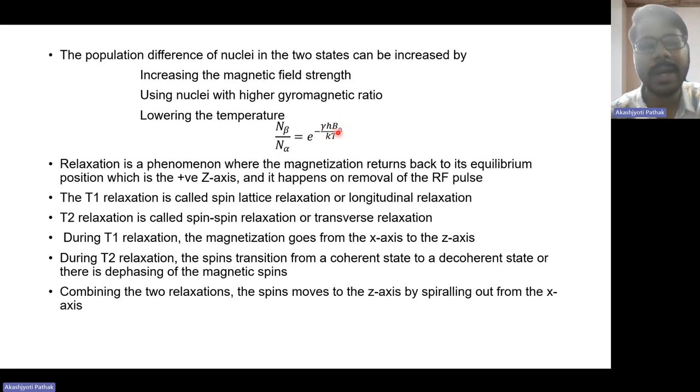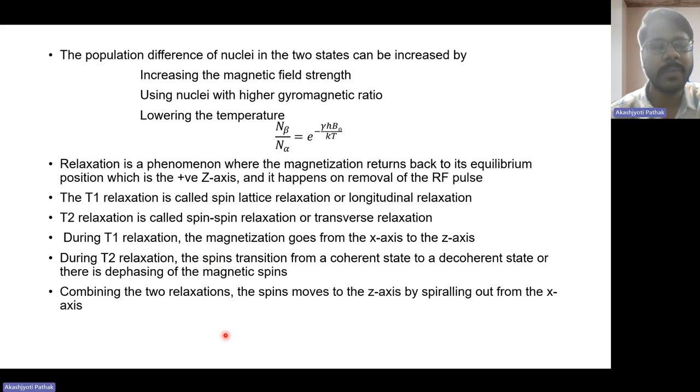So if we increase the magnetic field, if we use a nuclei which has a higher gyromagnetic ratio, and if we lower the temperature, then we will see that this ratio n beta by n alpha increases, and hence these nuclei will have a higher difference of nuclei between the alpha and the beta state.